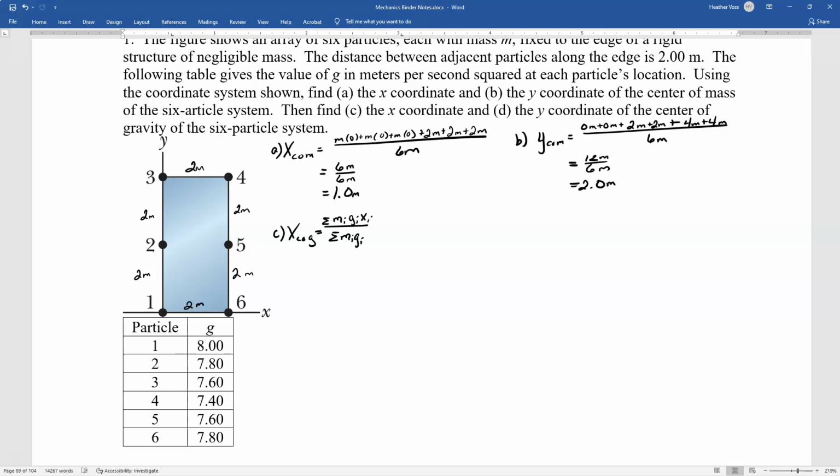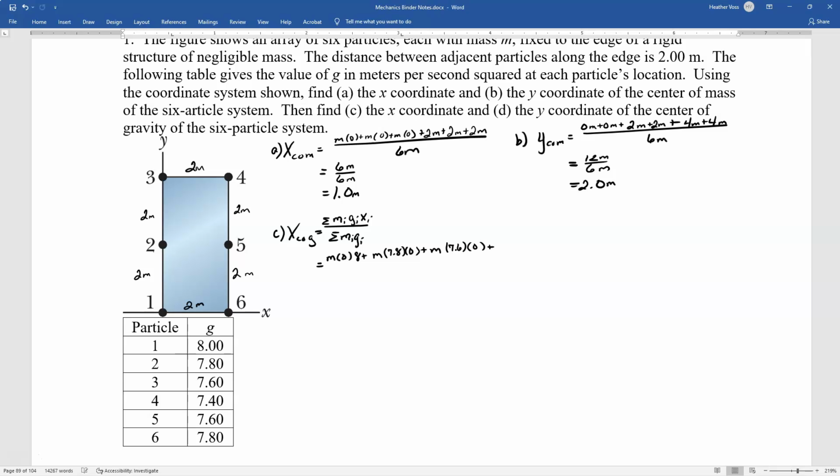So if I look at this for this particular example, for particle 1 I have mass m, my x position is 0, my g is 8. Then for particle 2, my mass is m, my g is 7.8, but my x value is 0. For 3, I'm going to have m, 7.6 times 0.